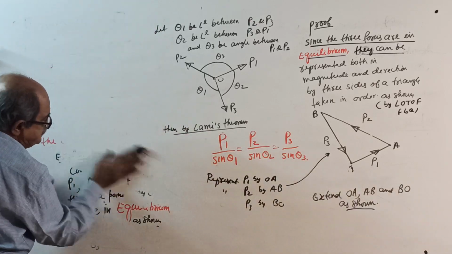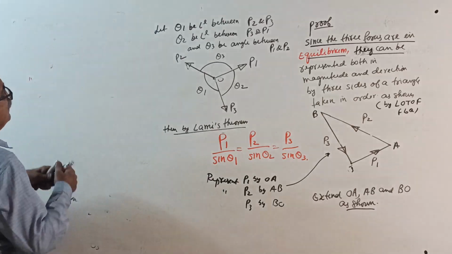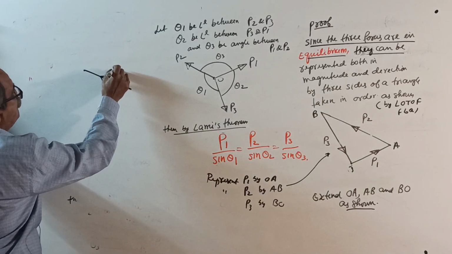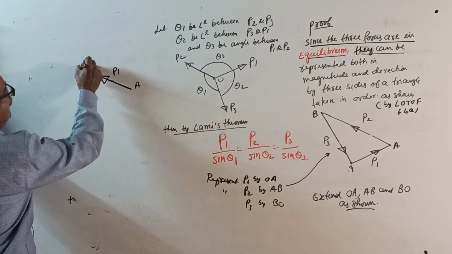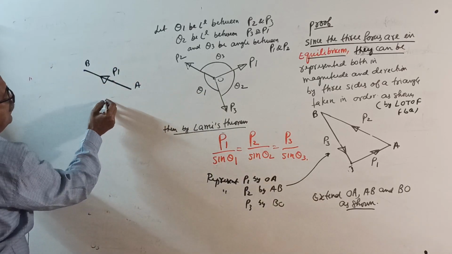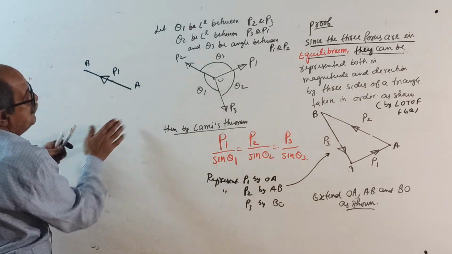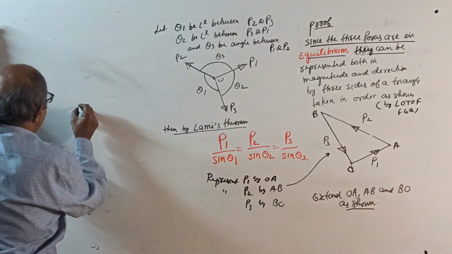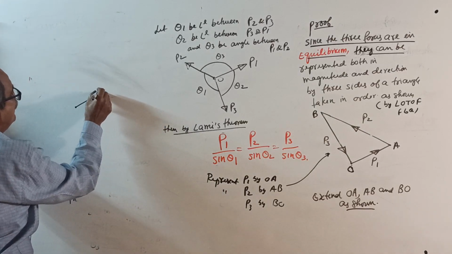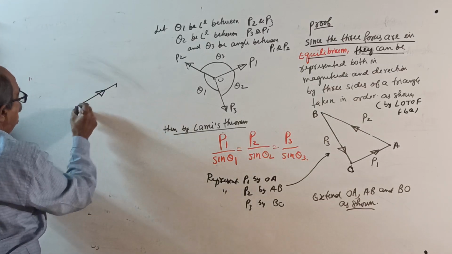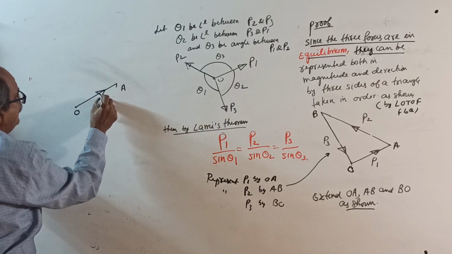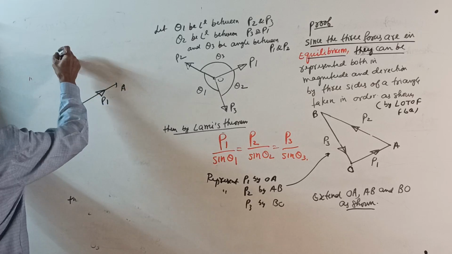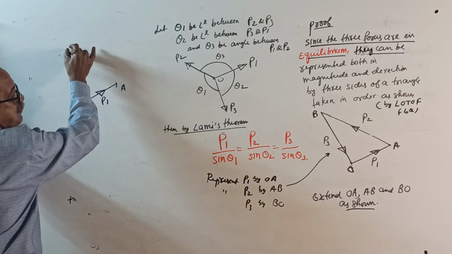Okay, now I will put the sketch once again. See, this is OA, OA representing P1. This is up to here, a little bigger.